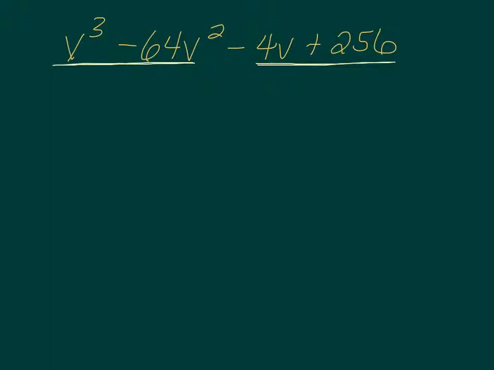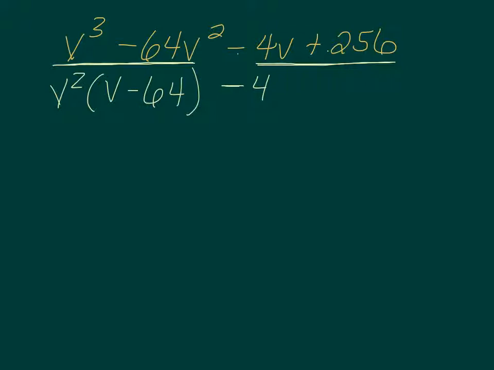So in the first group, I notice that I have a v that's in both, and I can take out the smallest exponent. The smallest exponent I have is squared, so I can take out a v squared. When I do that, I'm going to have v minus 64 left over. Now, here I notice that 4 and 256 both have a factor of 4 in them, but since I want the v to be positive and the 64 negative, and I have just the opposite here, I'm going to take out a negative 4.